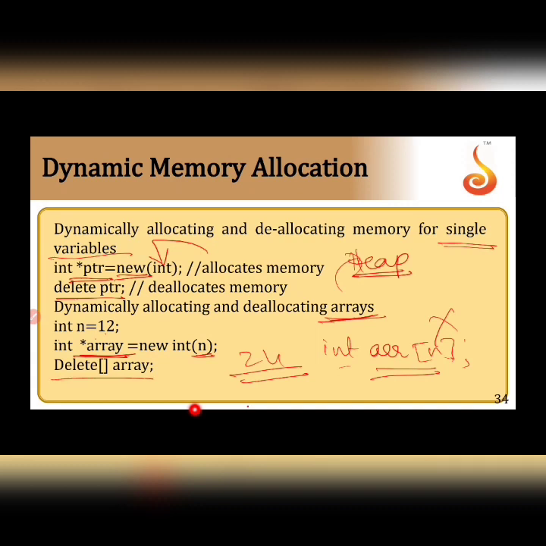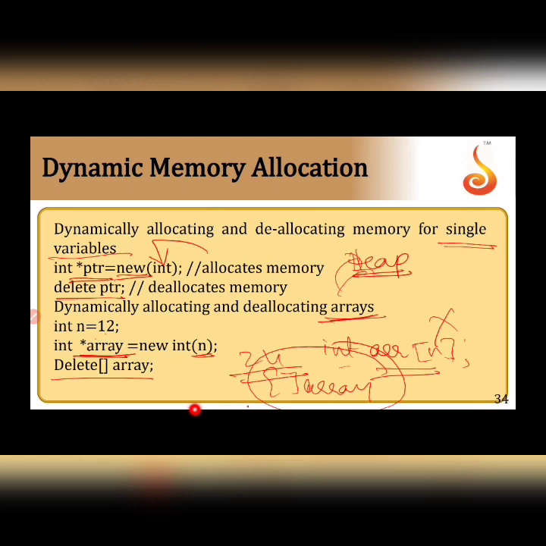And then since it is an array, you use the open and close square brackets and then the name to deallocate memory, that is, it will allocate from the heap and it will put back that many, 24 bytes of memory, back to the heap so that it can be reused. This is using new and delete. You can dynamically allocate or deallocate memory.